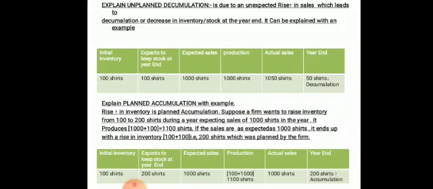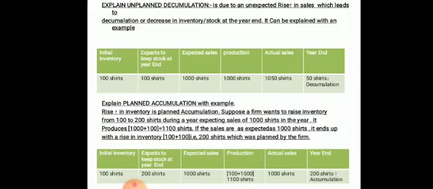Now accumulation means what? Increase in the inventory, a rise in the inventory or stock. A rise in the inventory is planned accumulation. Planned means the firm is doing it as per the plan.